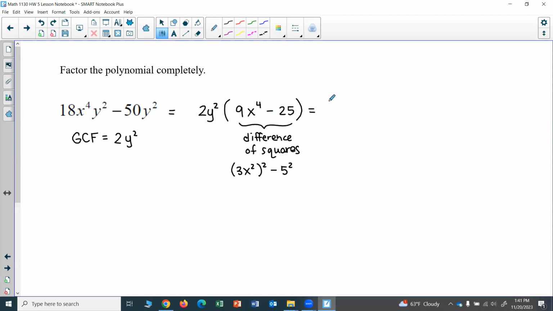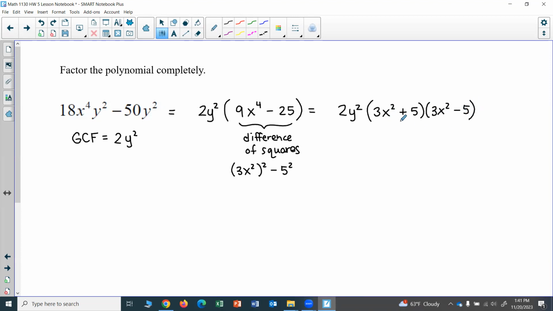And so that would factor as 3x squared plus 5 and 3x squared minus 5. And I forgot to write my GCF out front, so I'll start by writing my 2y squared, and then I'll have parentheses 3x squared plus 5 and 3x squared minus 5.